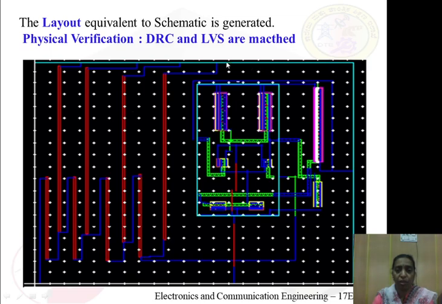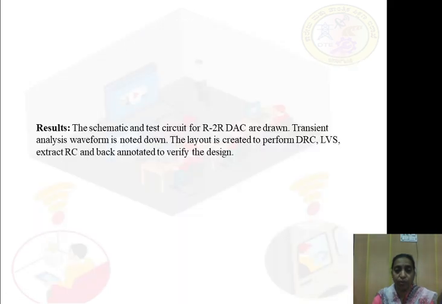The layout of the R-2R DAC is generated and verified for the design rule check according to the VLSI design, that is lambda based design rules or micron based rules we have to follow, where the distance between the metal layers and the polysilicon layers is verified, and then layout versus schematic is checked. If both match, the layout of the R-2R DAC is checked and saved for the waveforms.